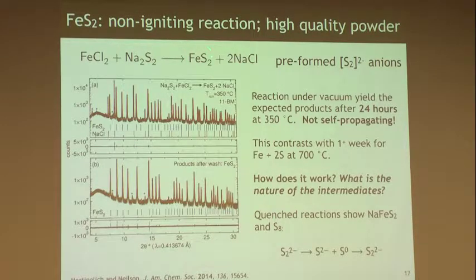This proceeds stoichiometrically to make FeS2 and sodium chloride. The reaction proceeds under vacuum. After about 24 hours of heating at 350 degrees Celsius, it doesn't self-propagate, it doesn't self-heat, it doesn't explode. You get this really nice, clean product. This contrasts the previous conditions I mentioned, where you're reacting the elements at 700 degrees Celsius for a week or longer.